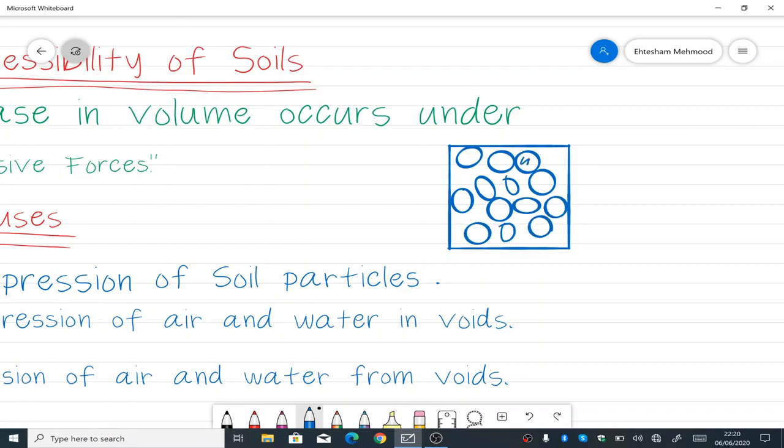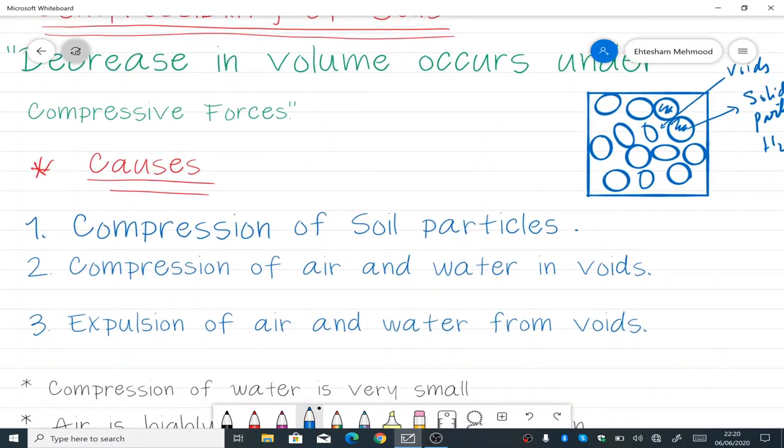These round things are the soil particles, and the spaces in between are the voids. If it's an unsaturated soil, then these void spaces would be filled with water as well as air, whereas in a fully saturated soil, the air is removed and the voids only contain water. So coming back to the causes, the first one is compression of soil particles.